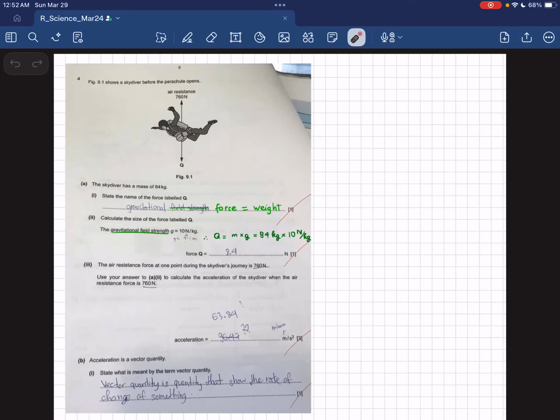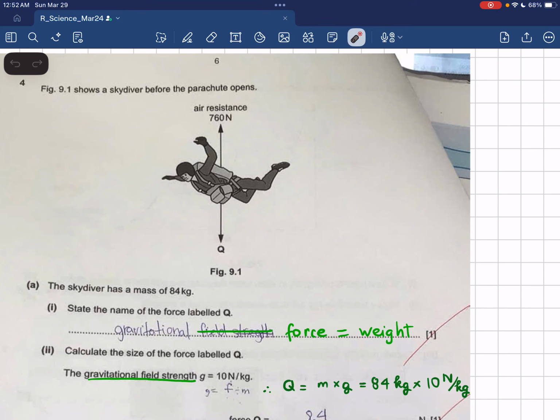Okay, so this problem is about gravitational force, gravitational field strength. The figure here shows a skydiver before the parachute opens. For now, you can see that they have two arrows, an air resistance upward.